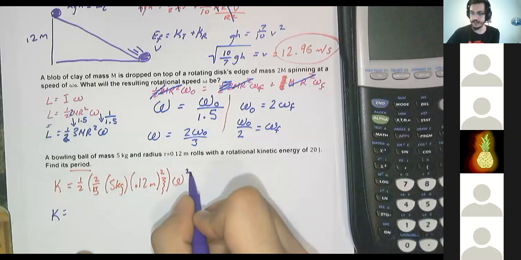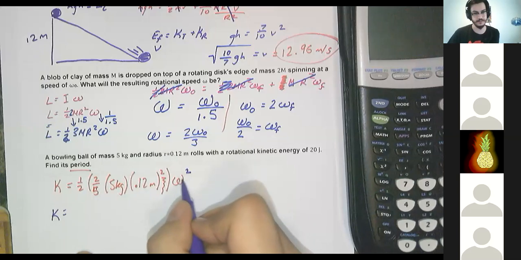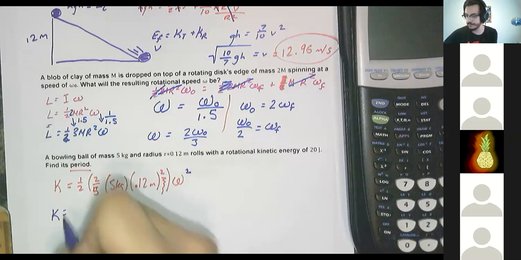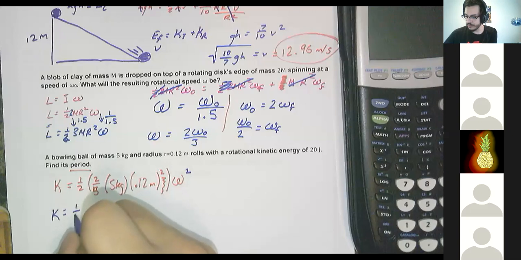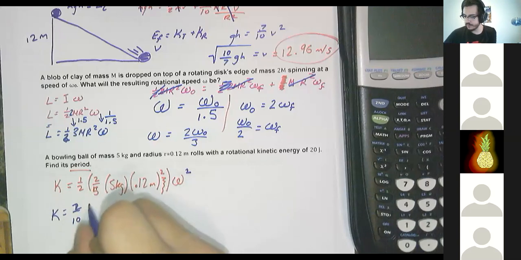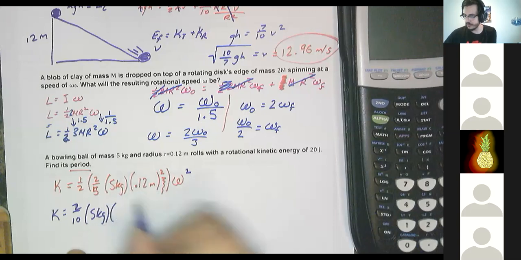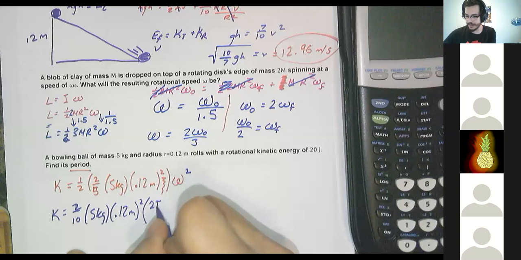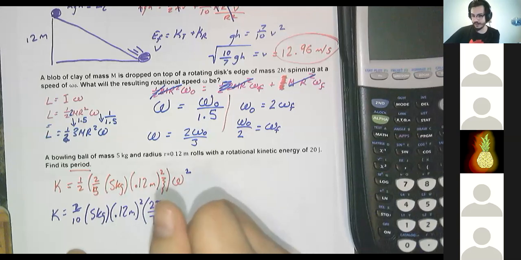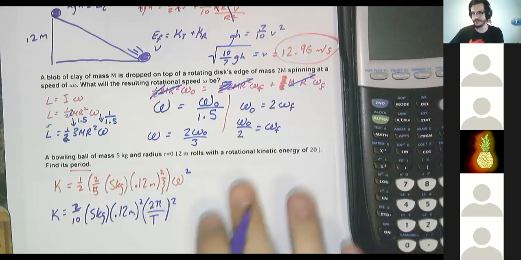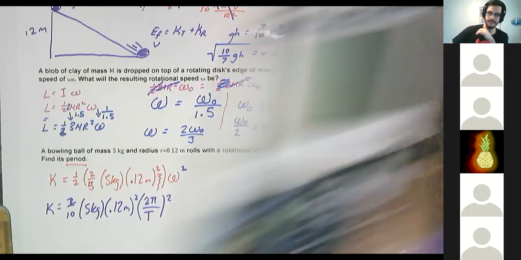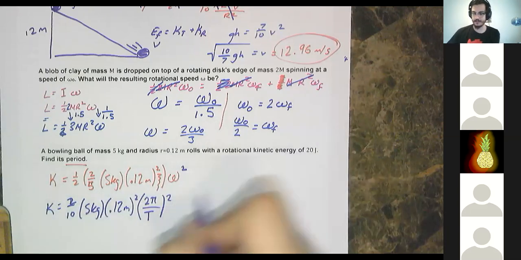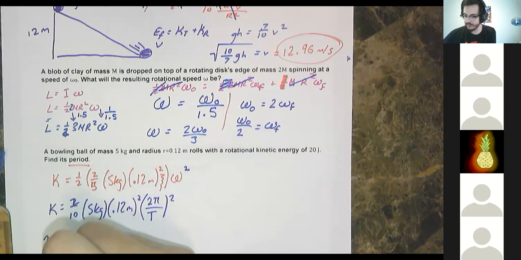But keep in mind that is going to be a squared quantity because it's 1/2 moment of inertia velocity squared. So when we plug in, this is going to be 2/10, 5 kilos, 0.12 meters squared times 2 pi over period, and that gets squared. Now, before we forget these squares, let's distribute them. Also, that K is 20 joules.